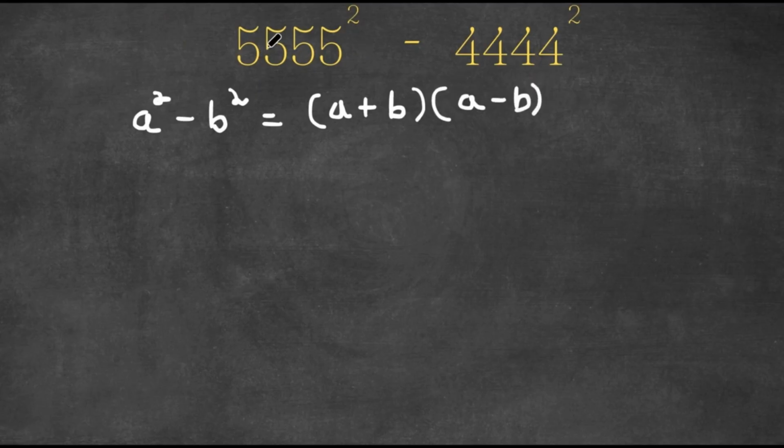So in this case, 5,555 would be a, and 4,444 would be b. So now all we have to do is simply plug these values in for a and b.